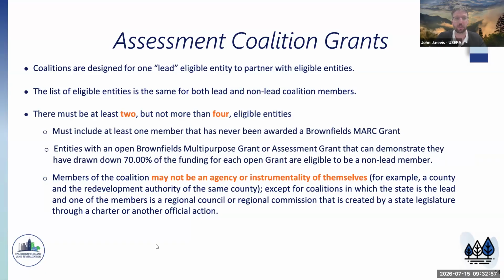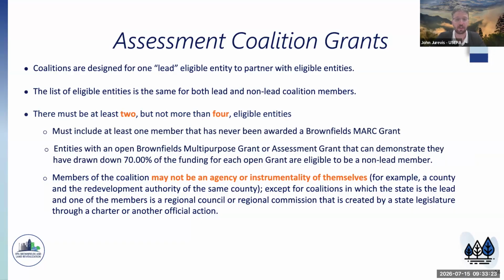So the eligibility is the same for the lead and the non-leads. And there must be 2, but not more than 4 eligible entities. And when you're looking for these entities that are going to be partners, it must include a member that has never been awarded a brownfields grant. If they have an open assessment or multi-purpose grant, it must be drawn down 70%.